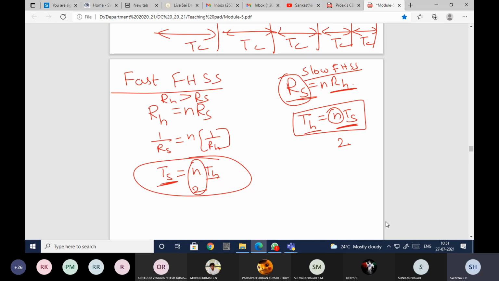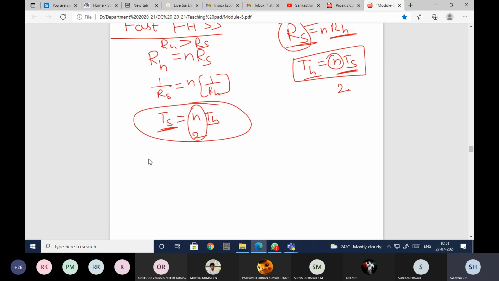Okay, so in the same way, like how we have taken the example, here also we need to take the example.